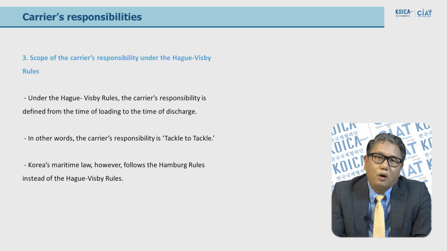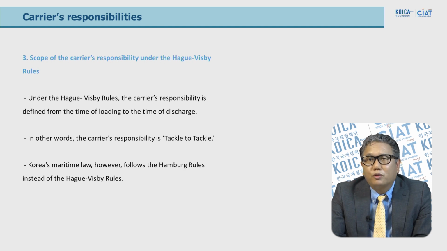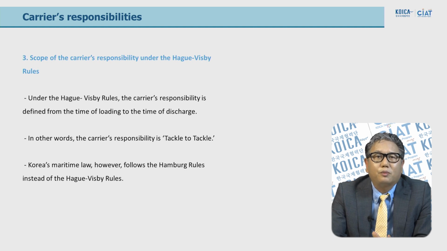Korean maritime law, however, follows the Hamburg rules. It did not accept the Hague-Visby rules at the big change in 2007. At that time we accepted the Hamburg rules, changing many parts of the carrier's responsibilities. The Hamburg rules, unlike the Hague-Visby rules, specify a wider scope of the carrier's responsibility.